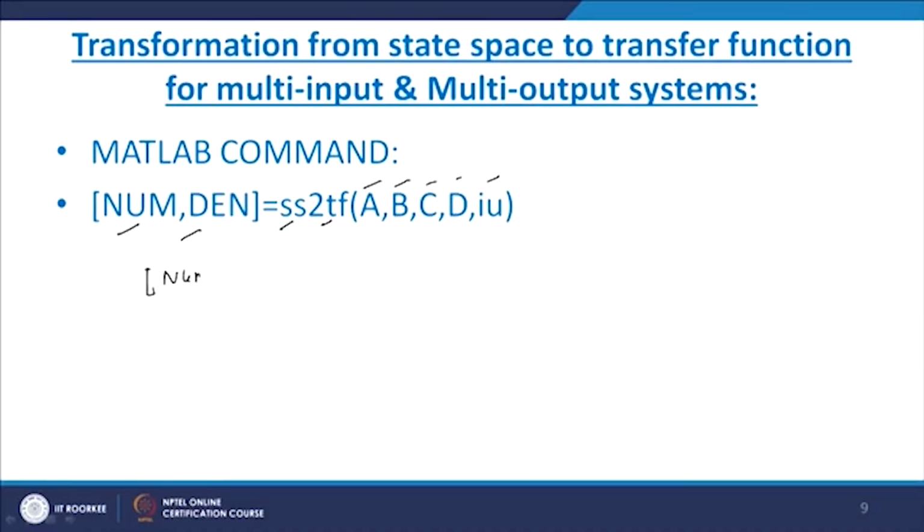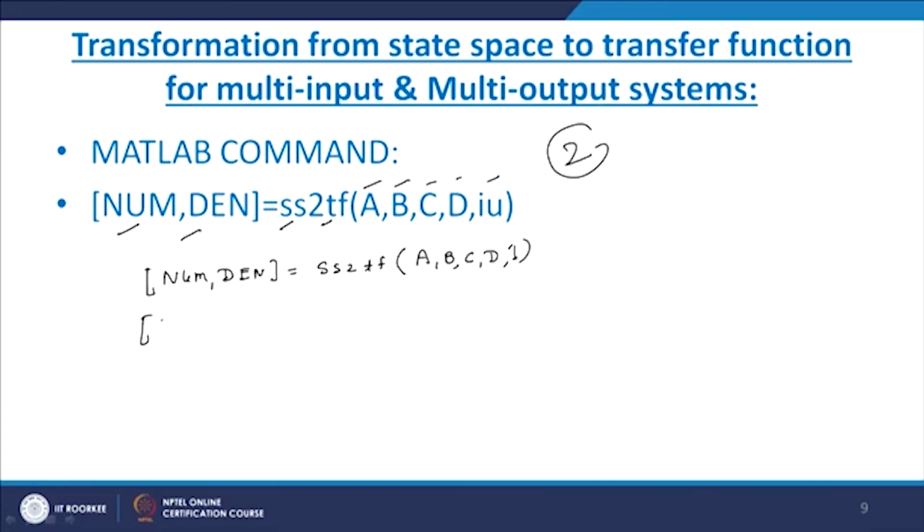this command for a 2 input system can be written as [num, den] = ss2tf(A, B, C, D, 1). Input 1 for a 2 input system we have written as 1.